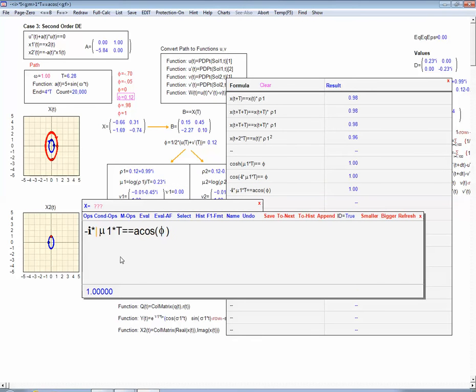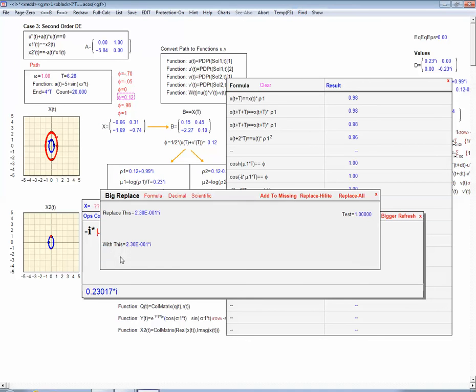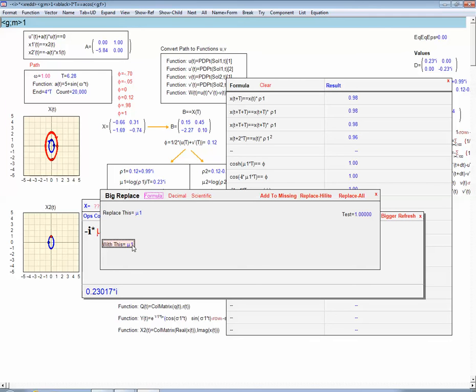And let's suppose that mu 1 had a real part. Let's do that substitution. Let's suppose that we rewrite that as nu 1 plus i times sigma 1.